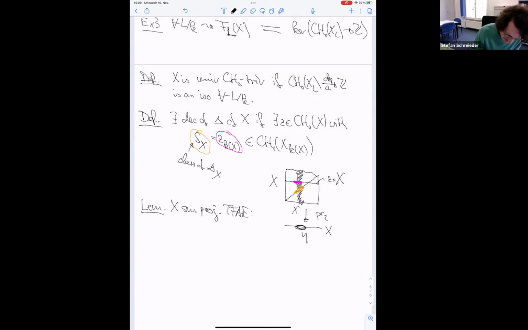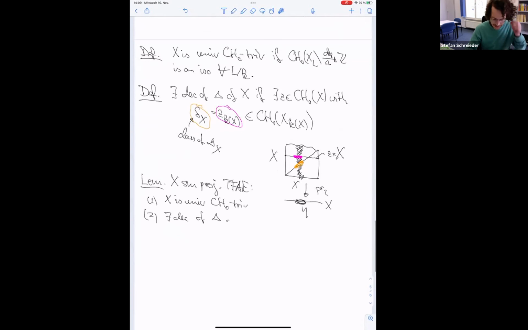So if X is smooth projective, then the two notions are the same. X is universally CH_0 trivial if and only if there's a decomposition of the diagonal. It's more like a remark. But that also explains somehow the title.